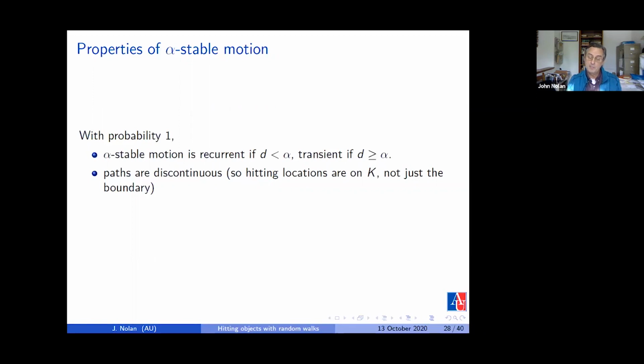So you're not going to be concentrated just on the barrier. The Hausdorff dimension of the image is generally, if your dimension is about 2 or above, alpha. You have a fractional dimension for the image of this path.